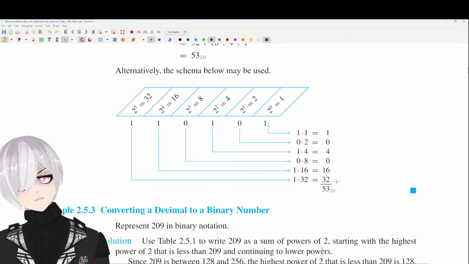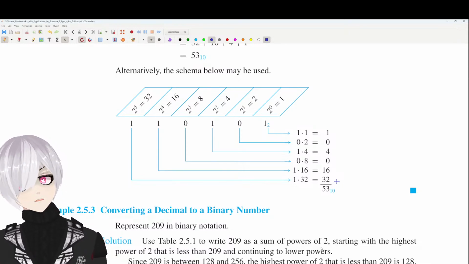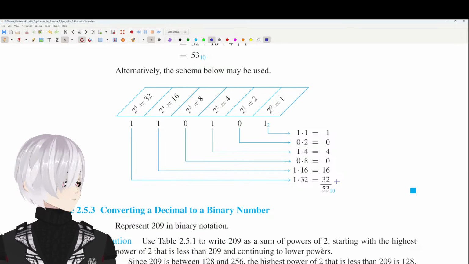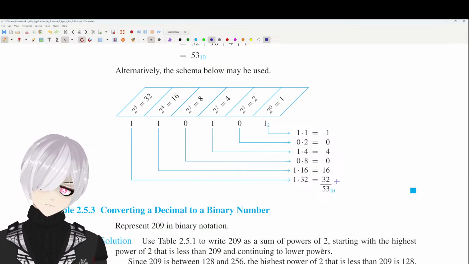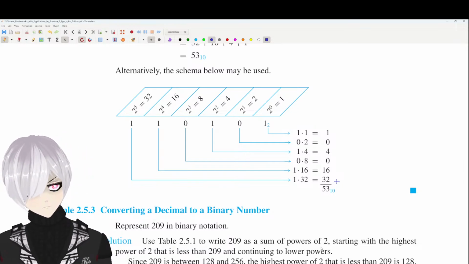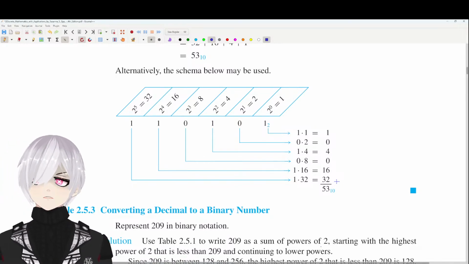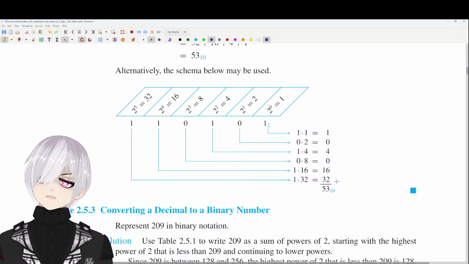So, represent 209 in binary notation. Yeah, so that's trickier going in this direction. I think what we've got to do is find the biggest power of 2 that's less than 209. Yeah, the same idea.